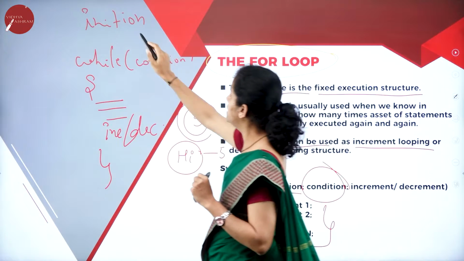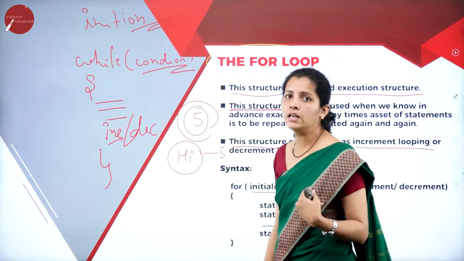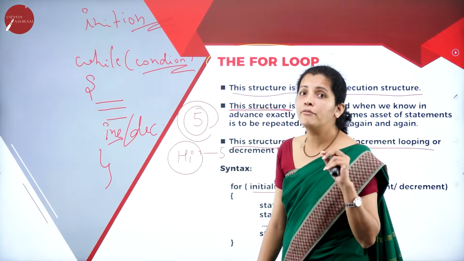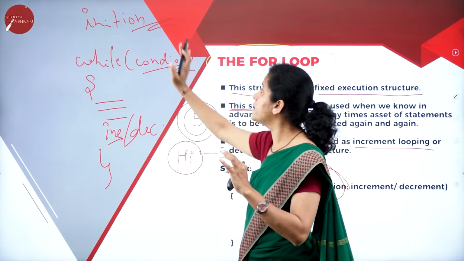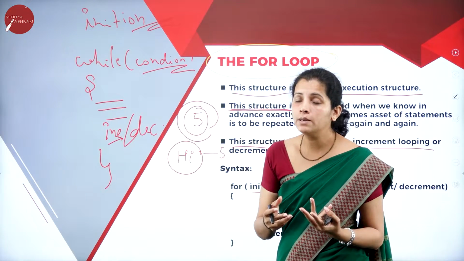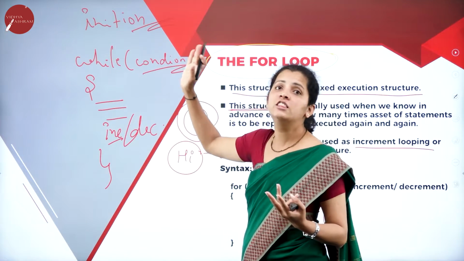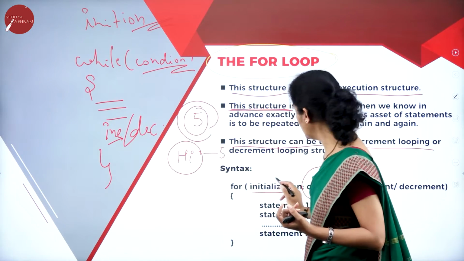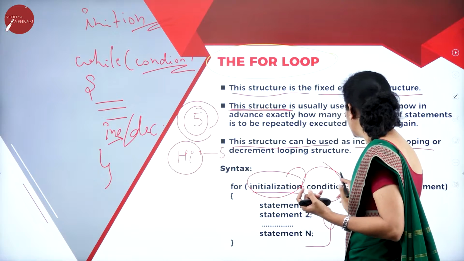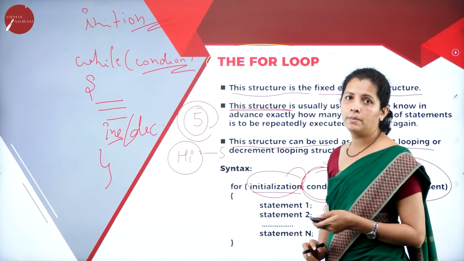So here at the beginning initialization, then I'm having condition and increment or decrement statement. But in my for loop, I'm going to combine all these 3 together: initialization, then condition, then increment or decrement.